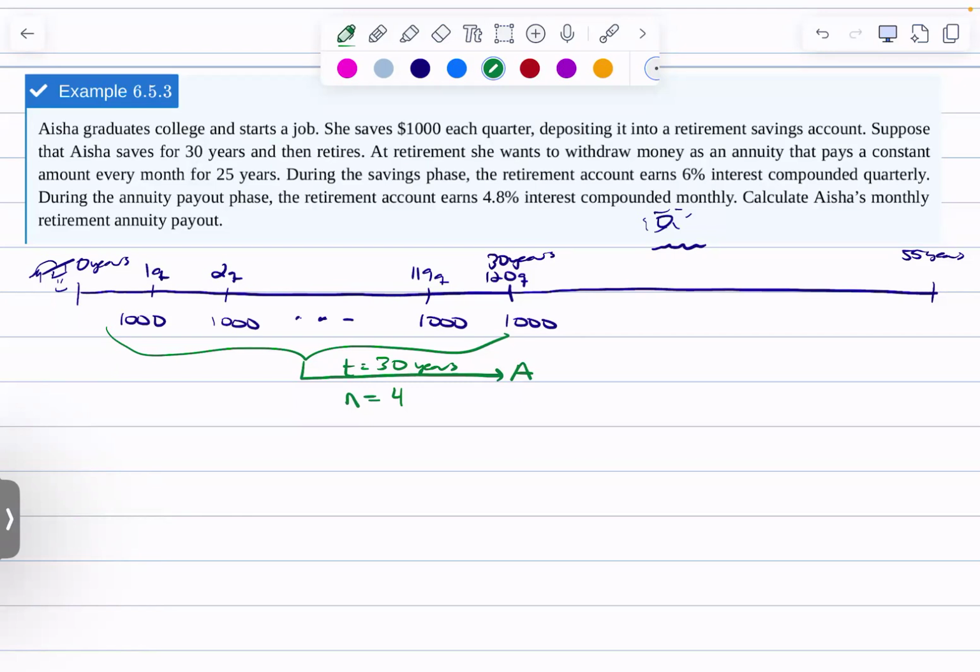In fact, it is earning 6% compounded quarterly. And of course, we know our M is 1,000 for this section.